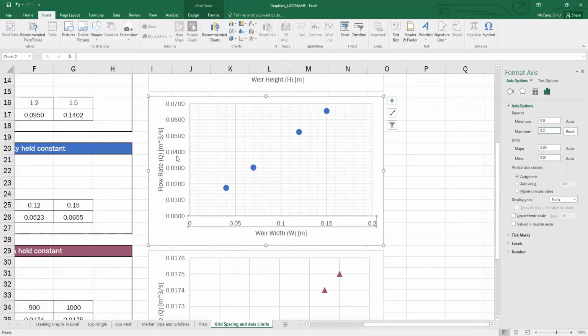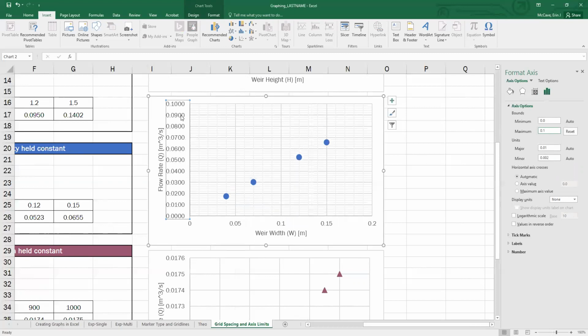Now looking at the flow rate, so let's look at our ordinate axis. What are our bounds here? And instead of stopping at 0.07, causing our major increments to be 0.01, we could say we want to go to 0.1. And then maybe we don't want such tight major increments, so we can up this to 0.025.